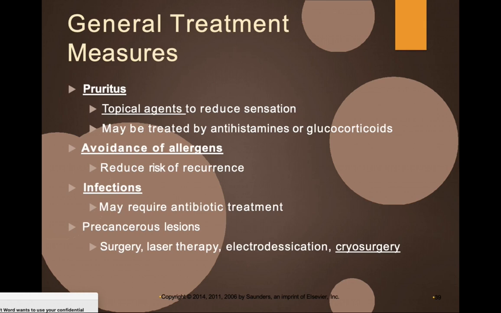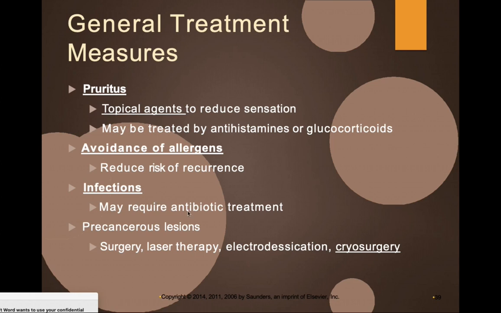So the general treatment measures for pruritus, they'll put a topical ointment on there to reduce the sensation. Sometimes they'll put a topical antihistamine or a corticosteroid topically. They'll just say, let's try and stay away from and avoid the allergen, reduce the risk of the reoccurrence for the itchiness.